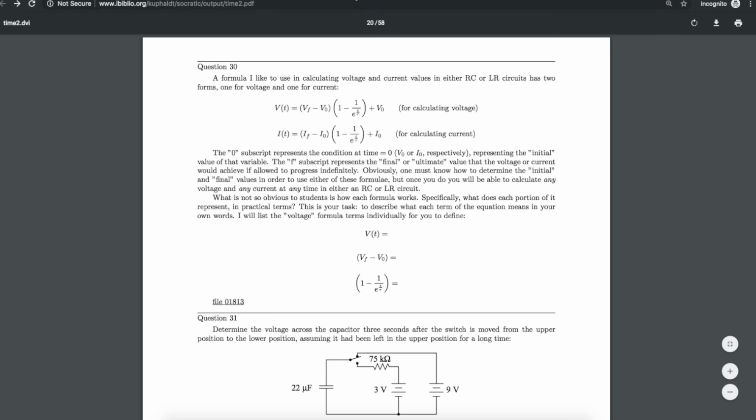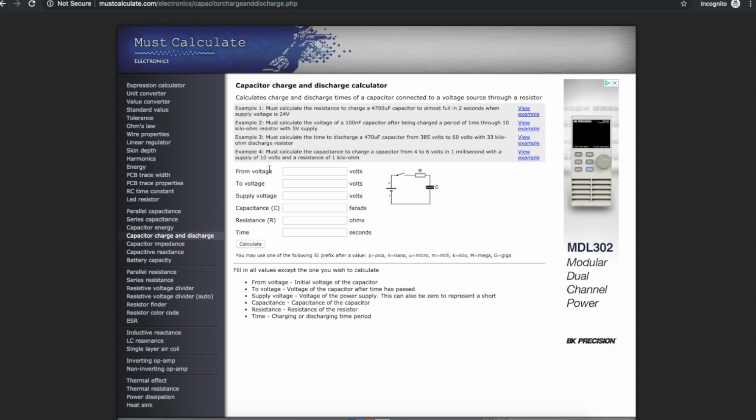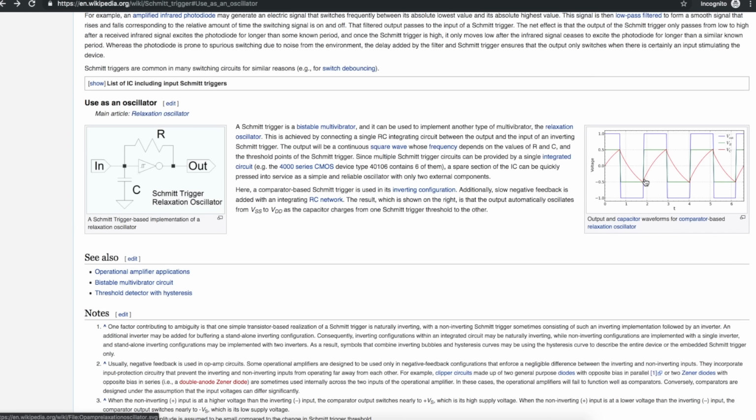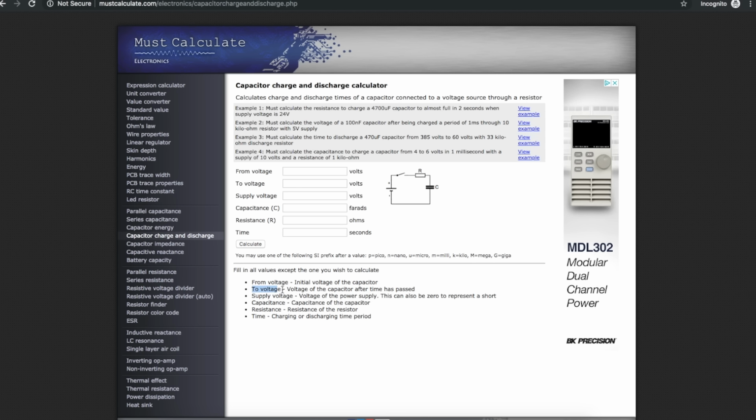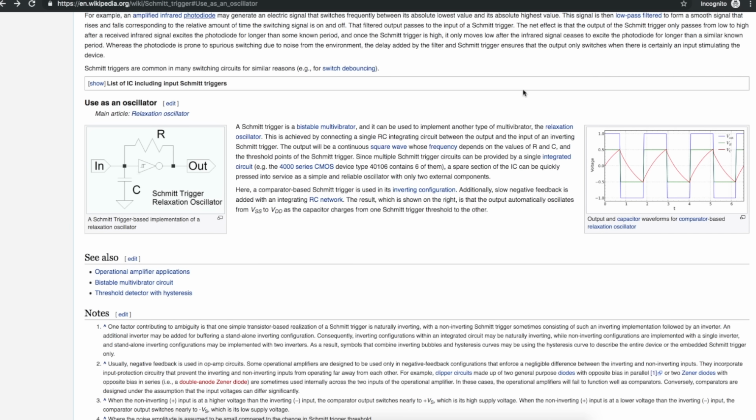I found this online calculator that uses the same parameters. If you're looking for any one of these, you enter in all the others and it will calculate what you're missing. From voltage is the initial voltage on the capacitor. Say we're charging up, the initial voltage is this right here. The to voltage is what you're actually charging or discharging toward, so the to voltage is up here if we are charging.